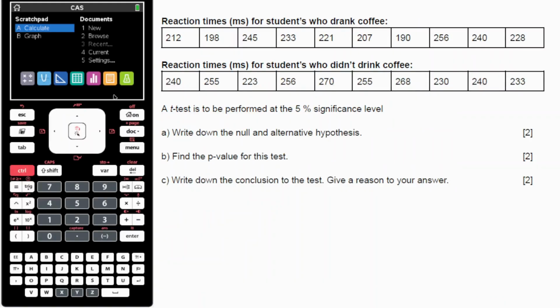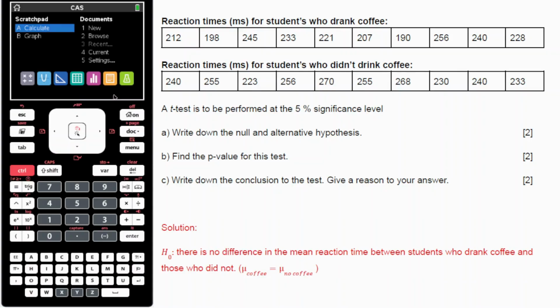Before going into the calculator, let's look at the null hypothesis and alternative hypothesis first. The null hypothesis is basically the same every time in a two-sample t-test, because we are comparing the mean values for students who drank coffee and students who didn't drink coffee. So our null hypothesis is that there is no difference in mean reaction times between students who drank coffee and who did not.